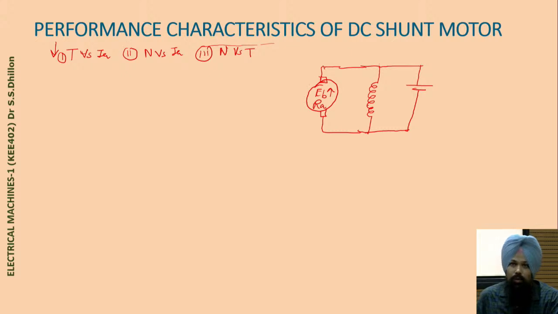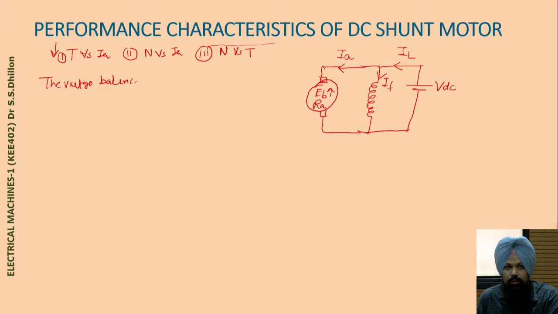Now you can see over here we have VDC, the source voltage, then we have the load current. For the DC shunt motor, this is your field current IF, and then we have the armature current. Now you can see again the voltage balance equation for the armature circuit.